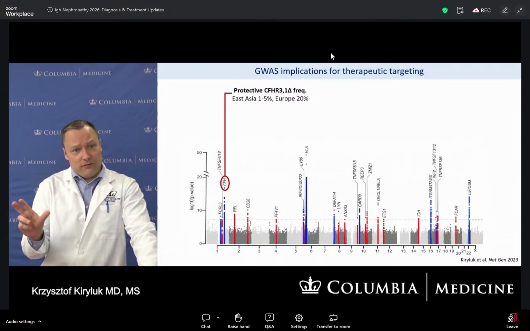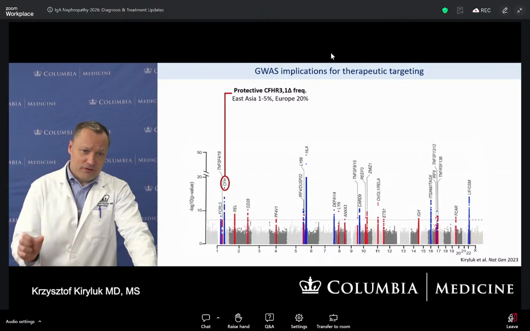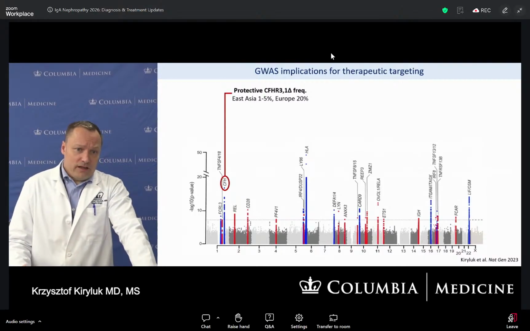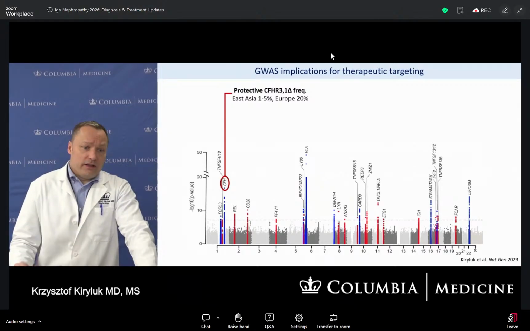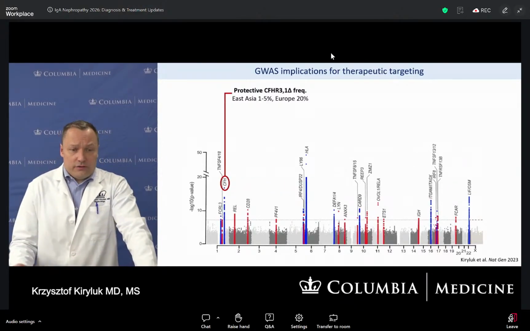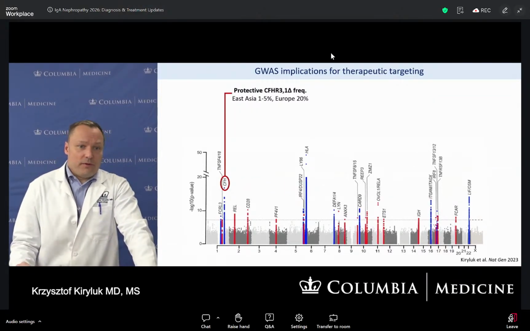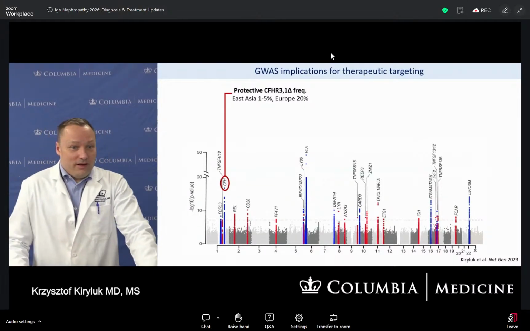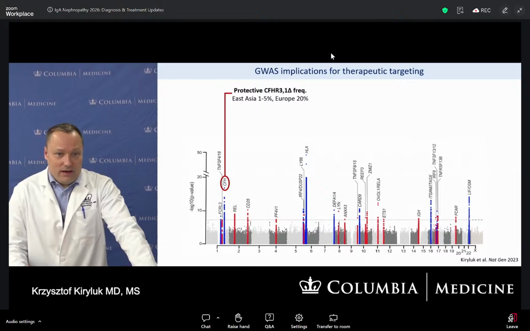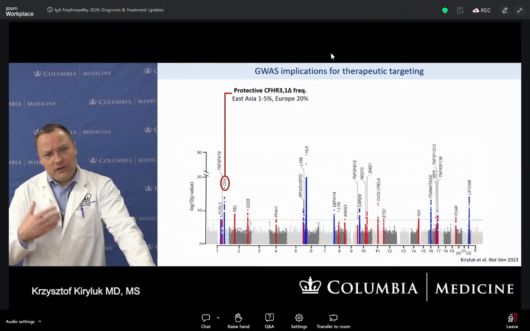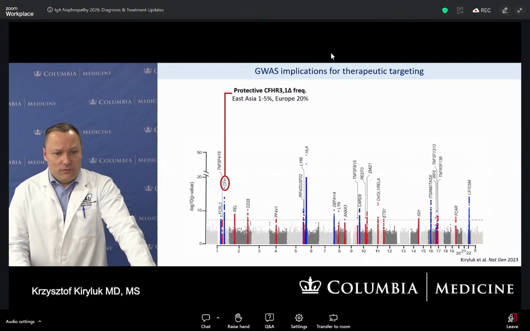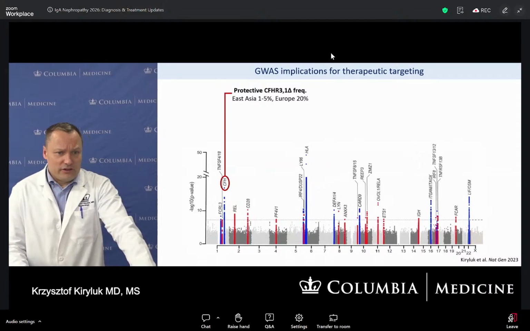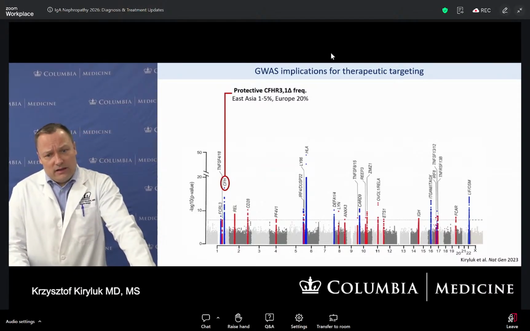For those of you that know much about complement regulation, complement factor H-related 3 and 1 are competitive inhibitors of factor H. So the deletion is protective: you basically remove the competitive inhibitor of an inhibitor, and you dampen the activation of the alternative pathway. This was really the first time that there was genetic support for the involvement of the alternative pathway in disease pathogenesis in IgA nephropathy.